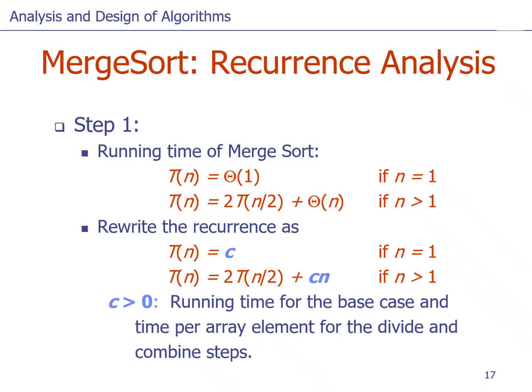The time to process n inputs if n is greater than 1 is 2 multiplied by the time to process n by 2. I hope I was able to communicate it clearly. That's why I have a 2, because I'm dividing the input array into two parts, each of size n by 2.